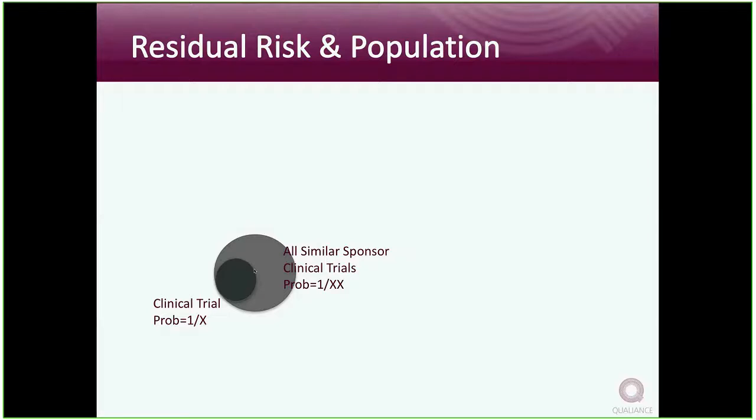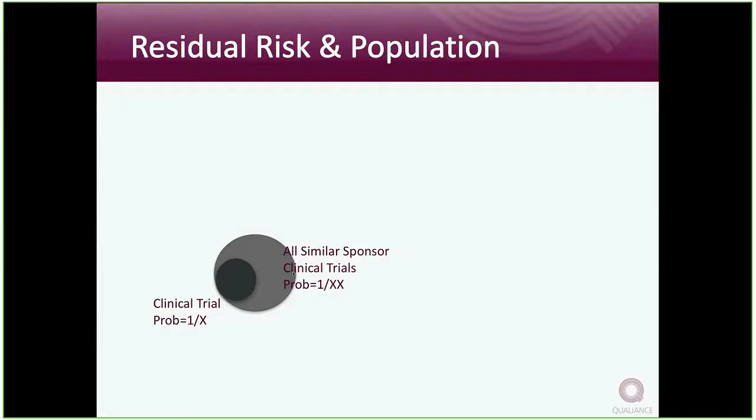So he will have a certain level of information, but he won't have the complete information about which study. And then the number of studies that falls under the range of possibilities is extended to what we call all similar sponsor clinical trials. And the term similar, I think, needs to be defined further.